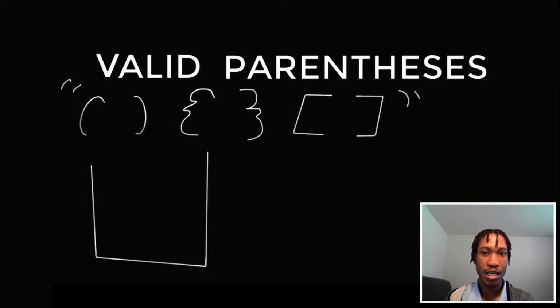And if it does, we remove it, we mark it as valid. If it's not, we do nothing and we keep adding. It's going to make a lot more sense when we do an actual example. So let's go through this one. So we get to the very first parenthesis. It's an opening parenthesis, so we add it to the stack.